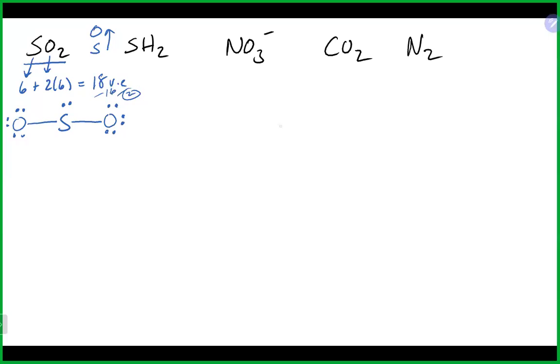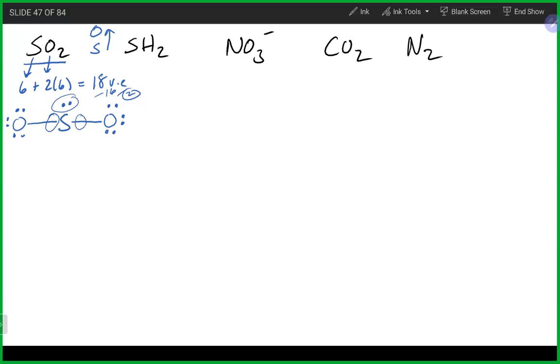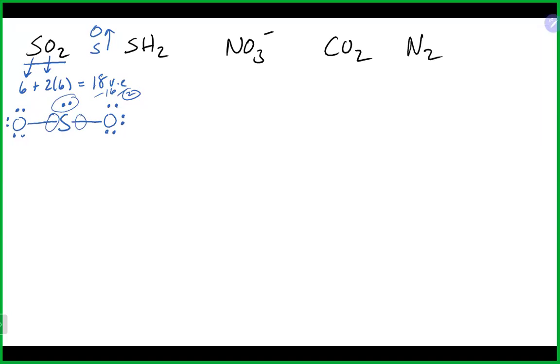In this case, we now want to make sure that everybody is good. Is everybody good here? Sulfur is a little short, right? The sulfur in the middle has only 2, 4, 6 electrons, right? Everybody else has 8 electrons happening there. So this is a situation where we could try to fix it by making a double bond.